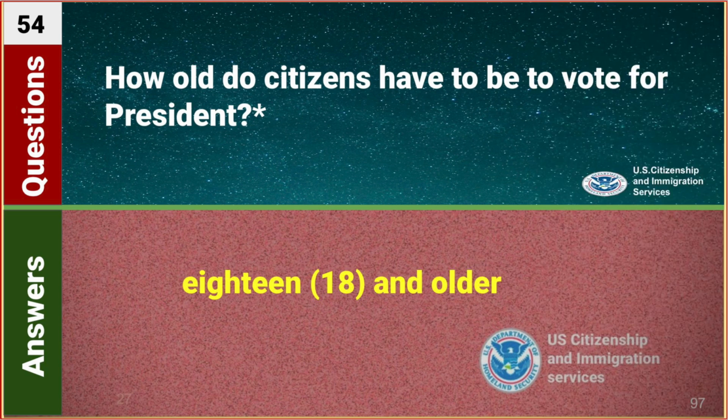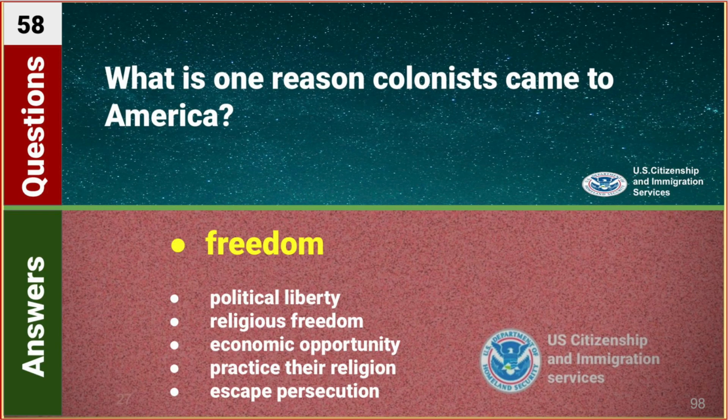How old do citizens have to be to vote for president? 18 and older. What is one reason colonists came to America? Freedom.